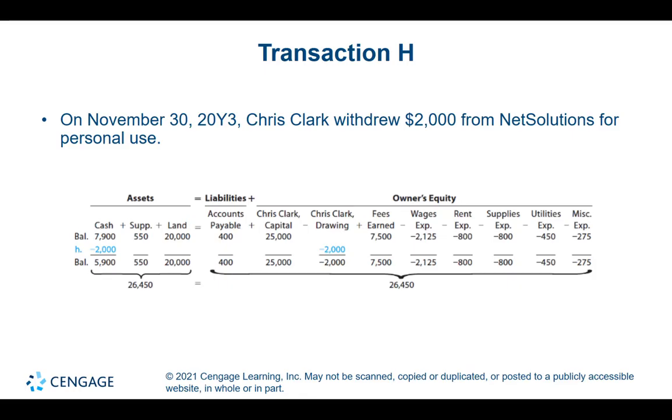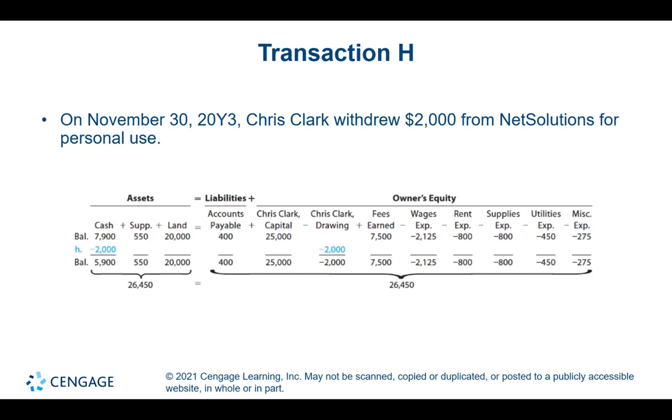The owner decides to withdraw $2,000 from the company for personal use. To record this transaction, two accounts used are cash and drawing. Cash shows a decrease of $2,000. The drawing account is actually an increase of $2,000 because the balance in drawing is now $2,000, but the impact of the drawing account on owner's equity is a negative.